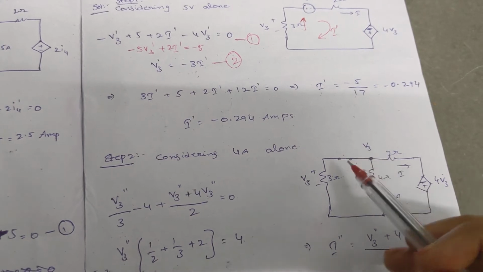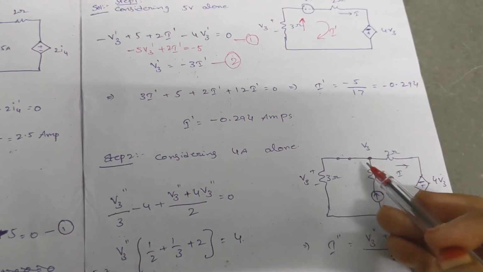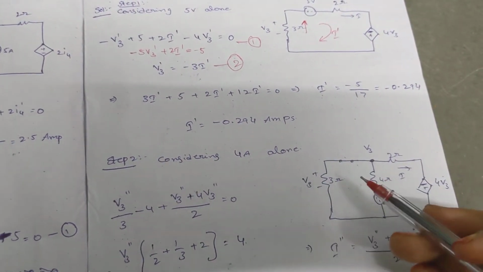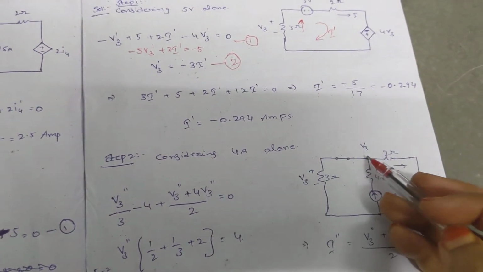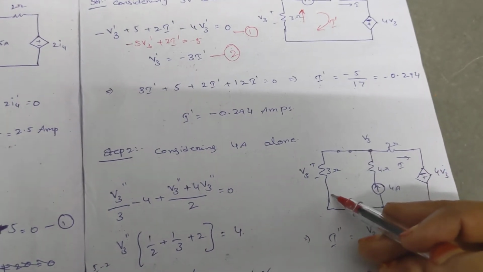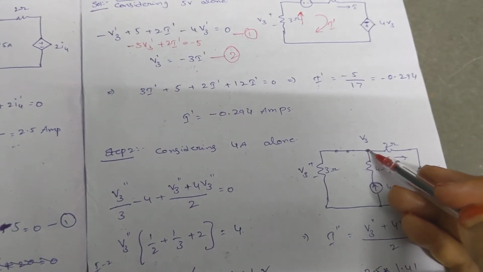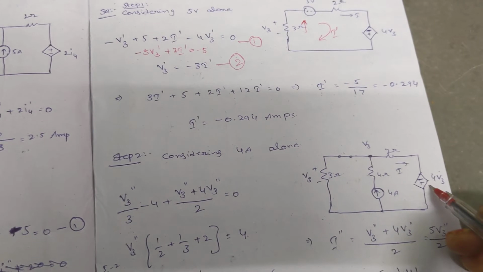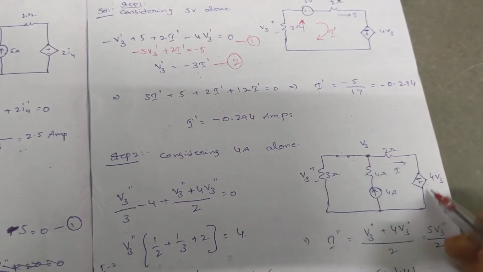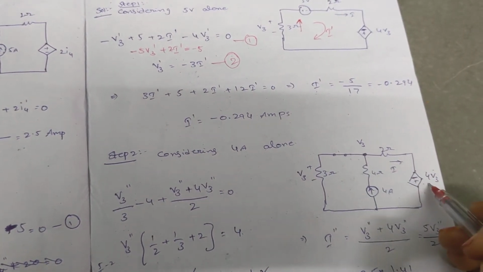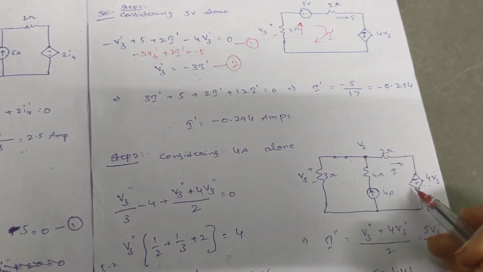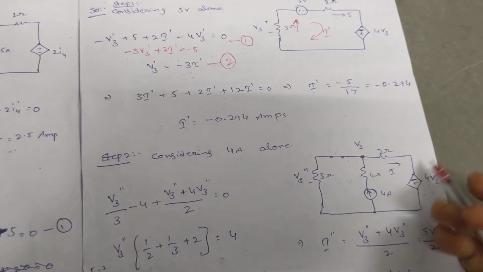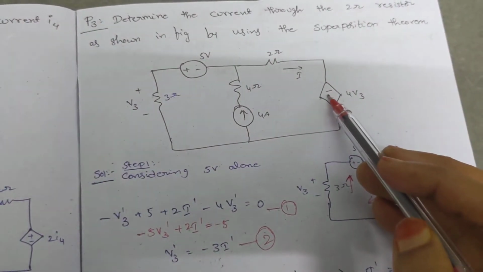As we saw previously, I consider V3 divided by 3 and V3 minus 4V3, because this is the difference of voltages. This is a voltage dependent voltage source.